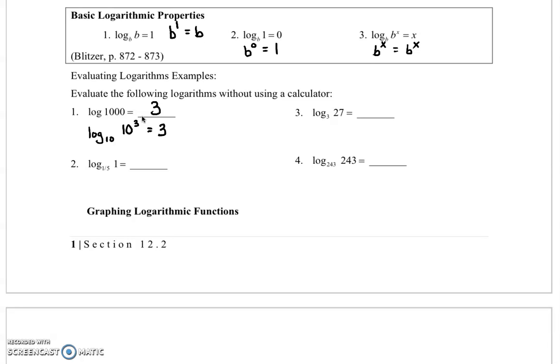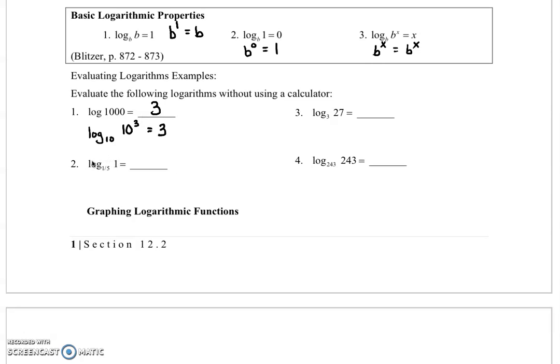Okay, why don't you look at 2, 3, and 4 on your own and see if you can use those 3 basic logarithmic properties to do them. Pause the video, and when you're done, restart and you can see if you got them right.